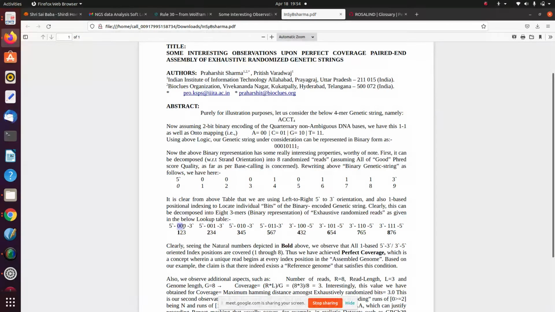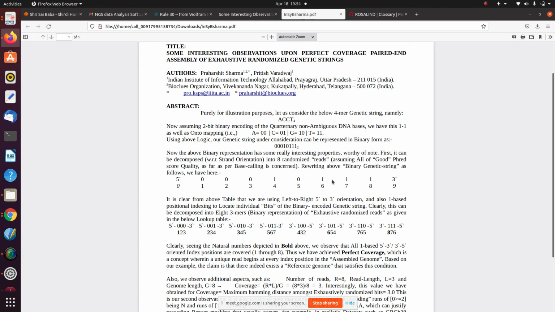Hamming distance between 0,0,0 and 0,0,1 is 1. First and third is also 1. First and fourth is 2. First and fifth is 1. Sixth is 2, seventh is 2, eighth is 3. 3, and what is coverage?